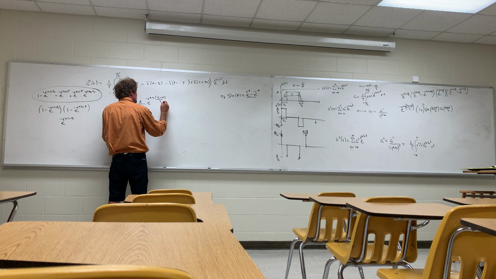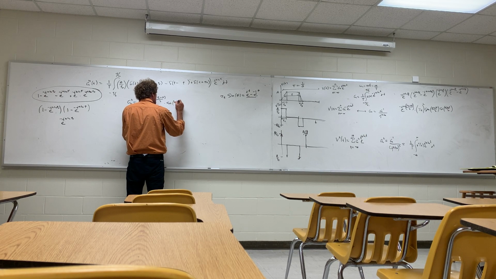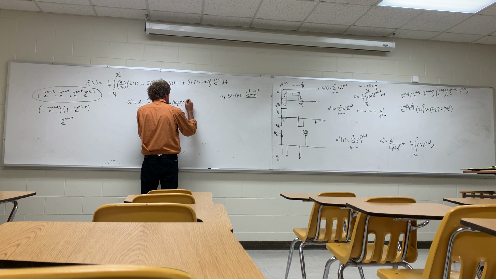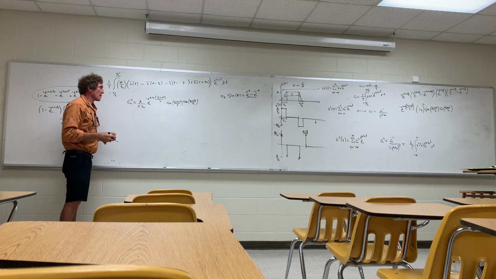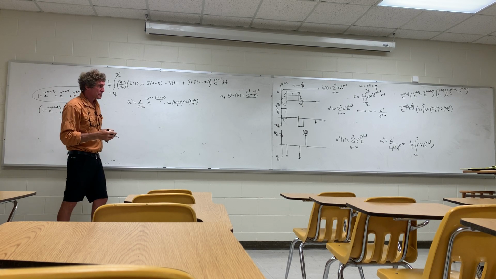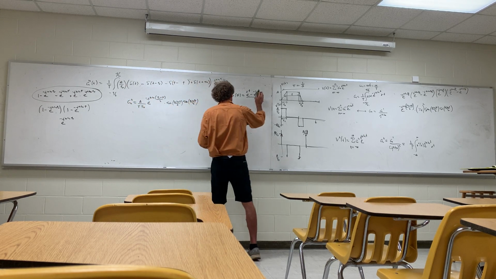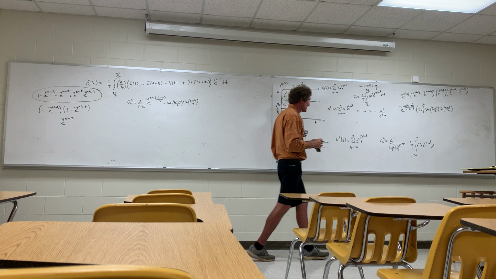That's just the phase term times the first sine term, sine of n omega naught tau over 2, times the second one, sine of n omega naught tau rise over 2. And that's my C of n double prime. This is in the notes that I posted, it's very clear.